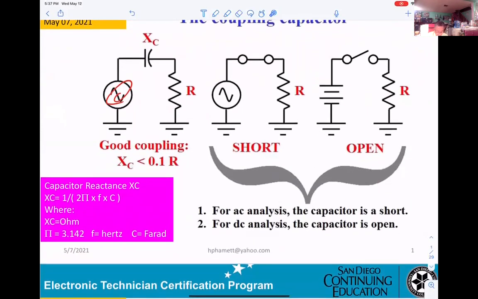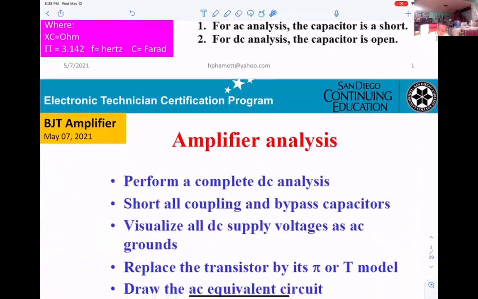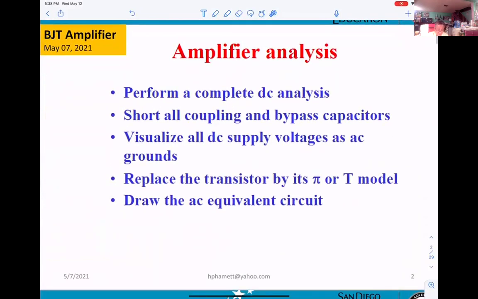And for AC analysis, the capacitor is shorted, and for DC analysis, the capacitor is open. That's what you need to memorize, okay? And if you want to learn more, that's an engineering level.